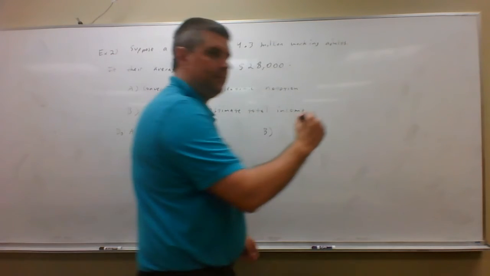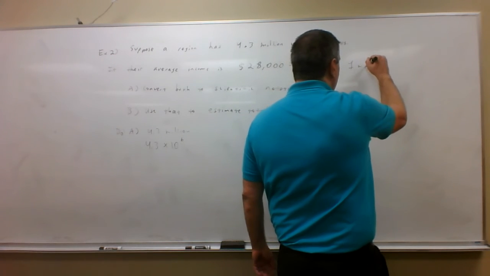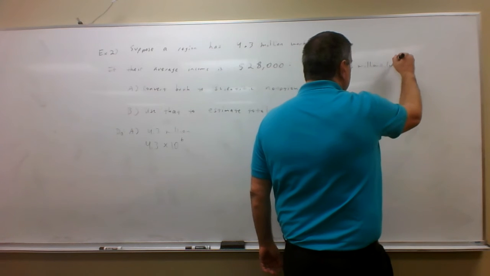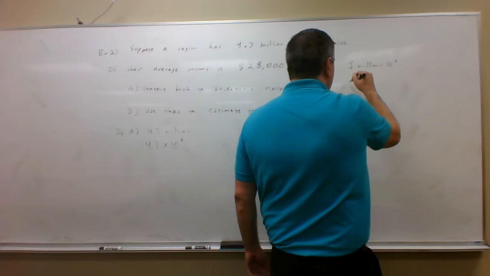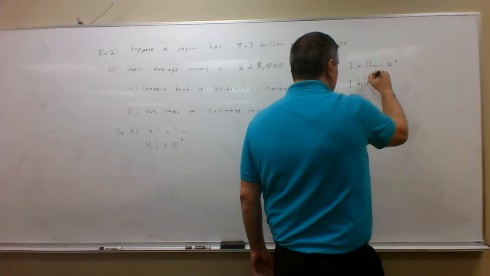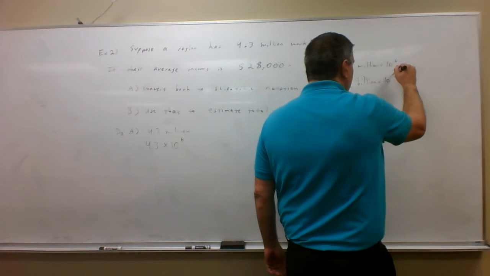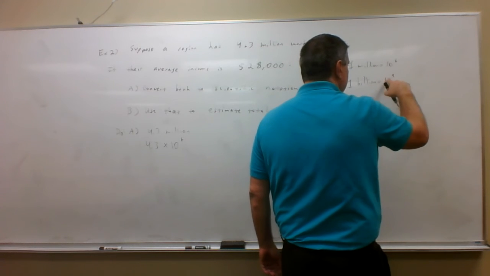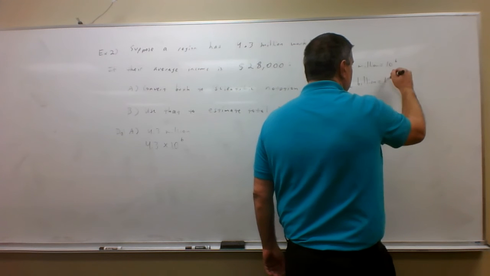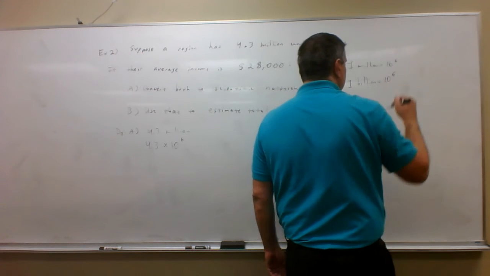Okay? 1 million equals 10 to the 6th. 1 billion equals 10 to the 9th.